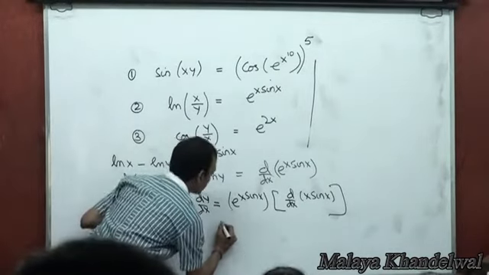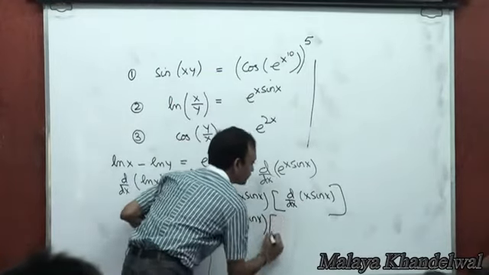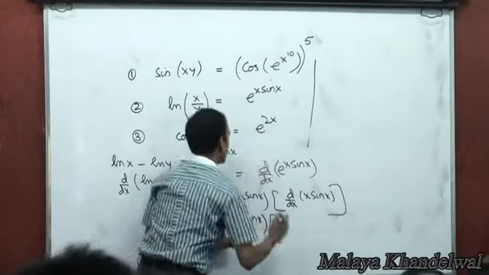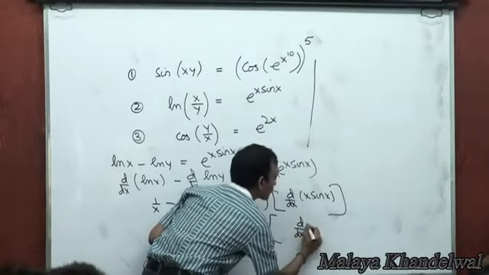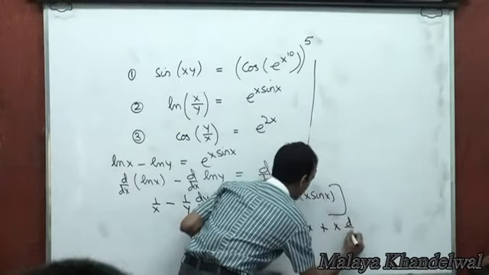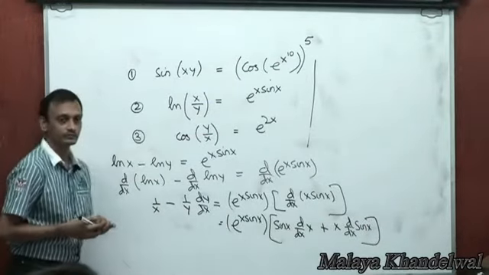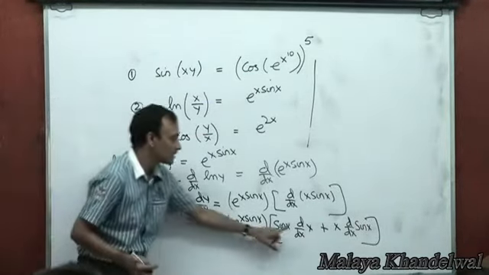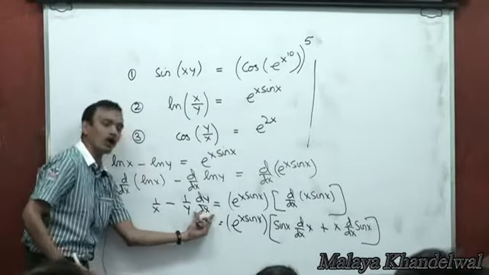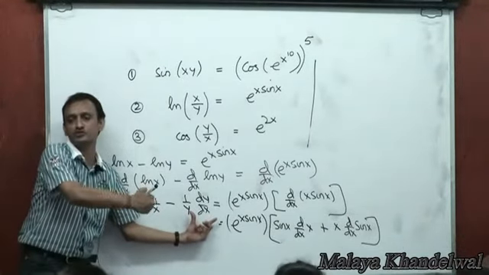Okay. So now the right hand side is e power x sin x, derivative of x into sin x plus derivative of sin x into x, right? And now things are simple because this is 1 into sin x, this is cos x into x, and you can solve for dy/dx by an ordinary transposition. How about this?